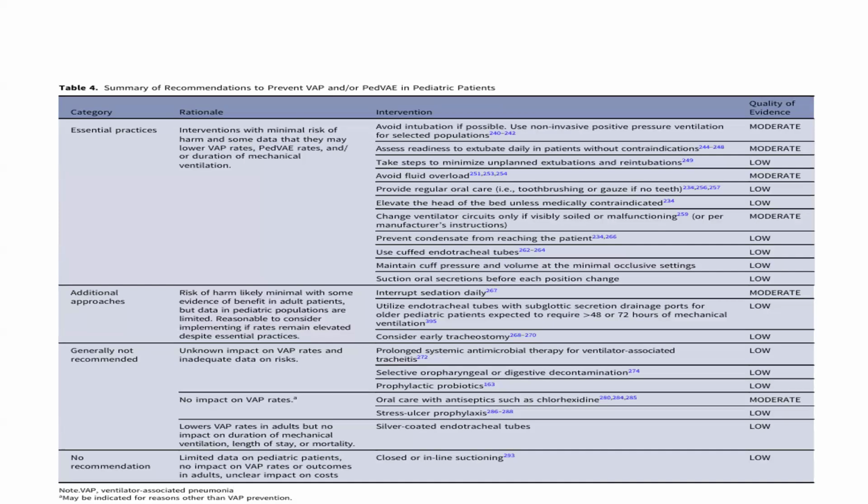Elevate the head end of the bed unless medically contraindicated. Change the ventilator circuit only if visibly soiled or malfunctioning. Prevent condensate from reaching the patient. Use cuffed endotracheal tube. Maintain cuff pressure and volume at minimum occlusive setting. Suction oral secretion before each position change.